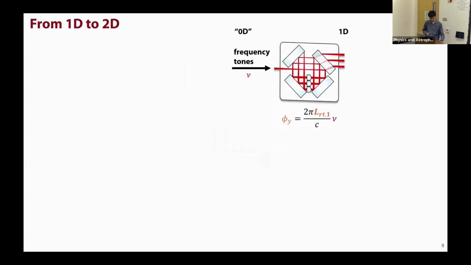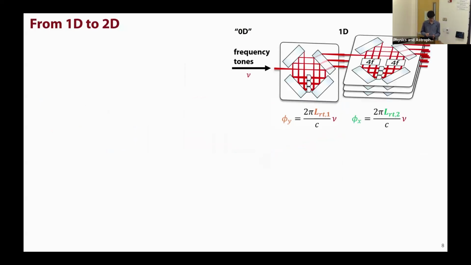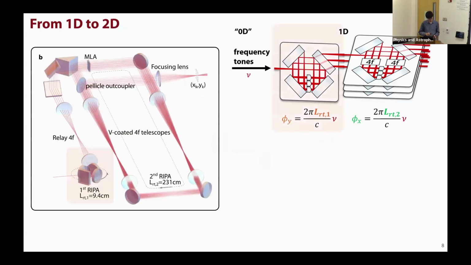So with a single RIPA, we broadcast this 0D input into a 1D phase array. And if we cascade this process along the other dimension, we will have a 2D phase array. The actual geometry is shown on the left. The first RIPA has a round trip length of 9.4 centimeters, and the second RIPA has a round trip length of 2.3 meters, in which we added two 4F telescopes in addition to the micro lens array to extend the path length.